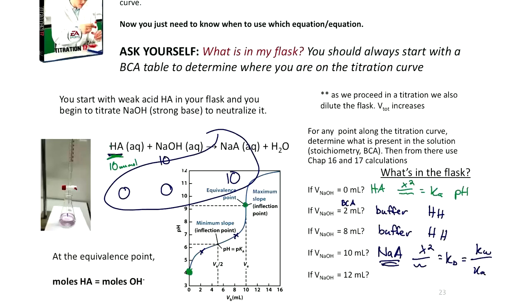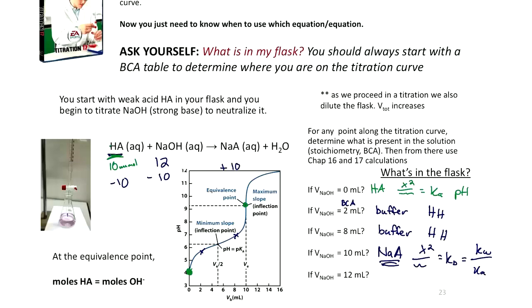Okay, pretend that we add 12 milliliters of base. So now, what is my limiting reactant? It's actually the acid. So if I do -10, +10, let's think about what's there after this reaction. I actually have 0 HA, 2 sodium hydroxide, and 10 sodium A, my weak base. So if I have these two things in my beaker, how do I calculate the pH?